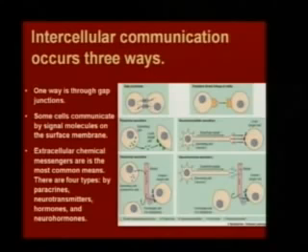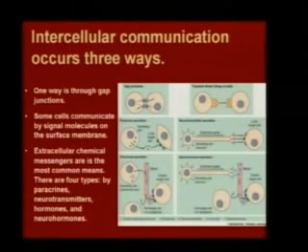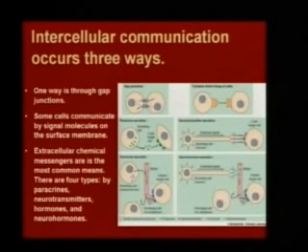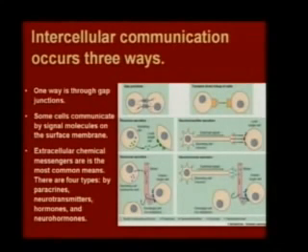You can have what's called a transient direct link-up of cells. The word transient means sort of fleeting. It happens every once in a while in time. They can come in contact with each other, and they might have receptors on their surfaces. And when they happen to click, boom, the chemistry changes, and it turns on a set of events inside each one of those cells. So that would be a transient link-up type of communication.